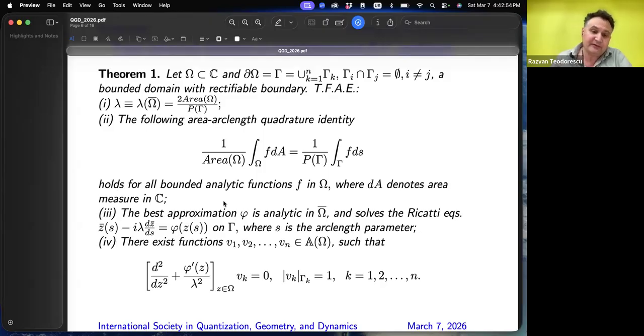So the moment you have a domain that's extremal for analytic content, then on the boundary, that best approximant phi satisfies the following rather geometric constraint. Its deviation from the anti-holomorphic variable z bar happens to be proportional to that parameter lambda, the analytic content itself, and oriented along the normal direction. So it's basically the normal vector scaled by precisely the analytic content lambda.